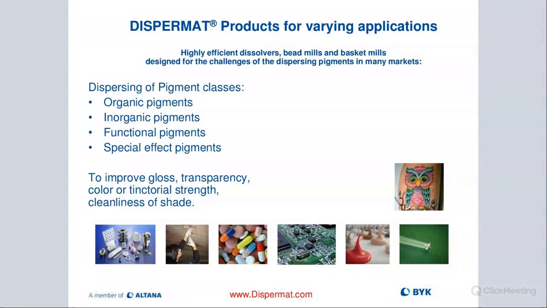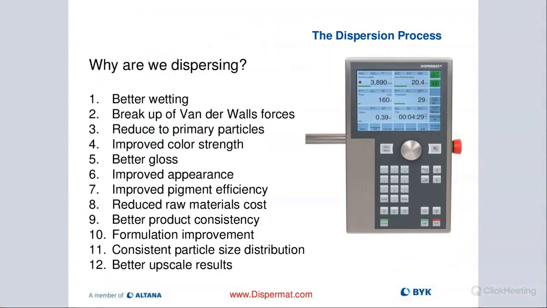The reason we are dispersing is to improve our gloss, transparency, color, our color strength, and cleanliness of shade. But ideally, we also want to save money by reducing the particle size, allowing us to use less material, and basically create more surface area, helping us to save money. So that's really what it boils down to.